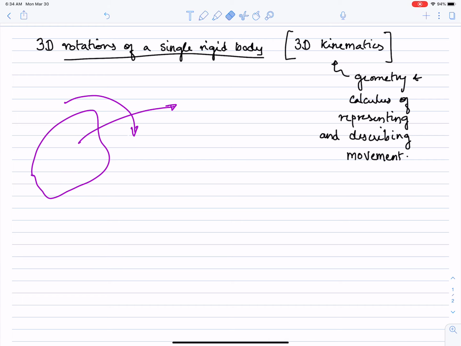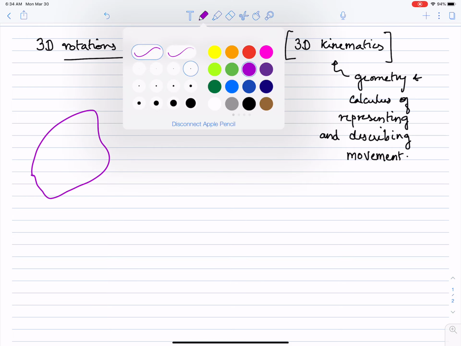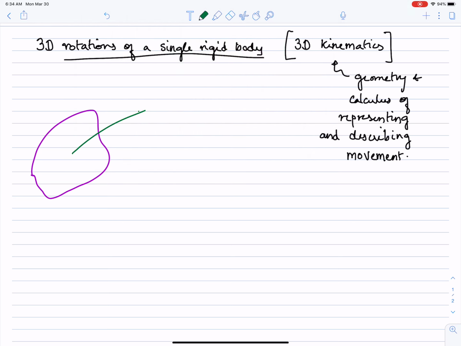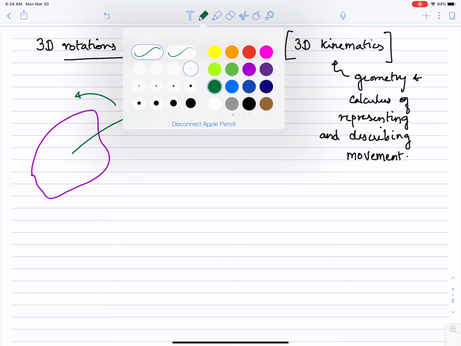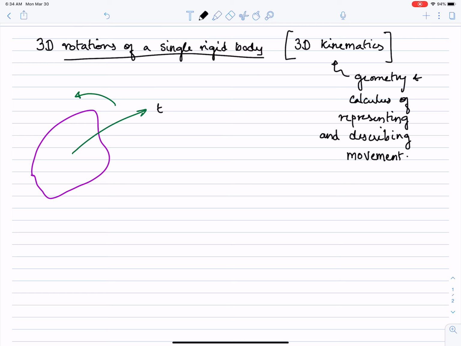It's translating and rotating. So it's changing position and also changing orientation. Translation means change in position. Rotation means change in orientation.